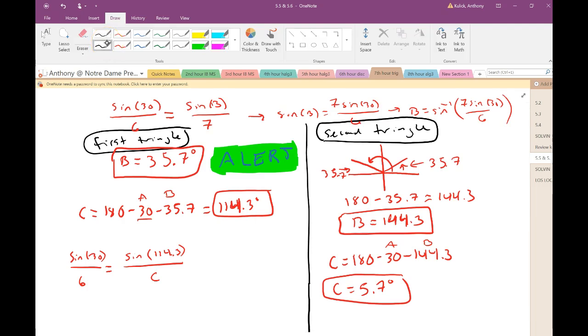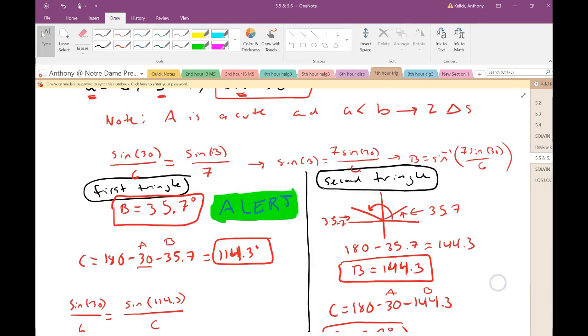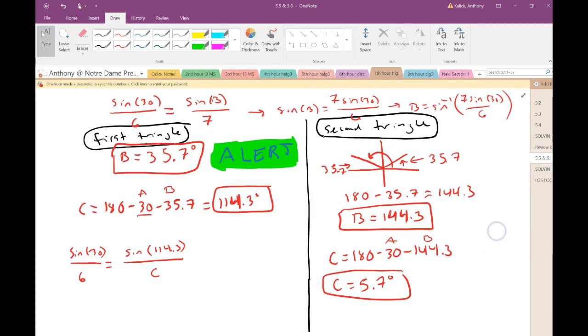Again, remember that sine is positive in quadrant 1 and quadrant 2, so in this case, you can get a value for sine in both quadrant 1 and quadrant 2. That's what's going on.